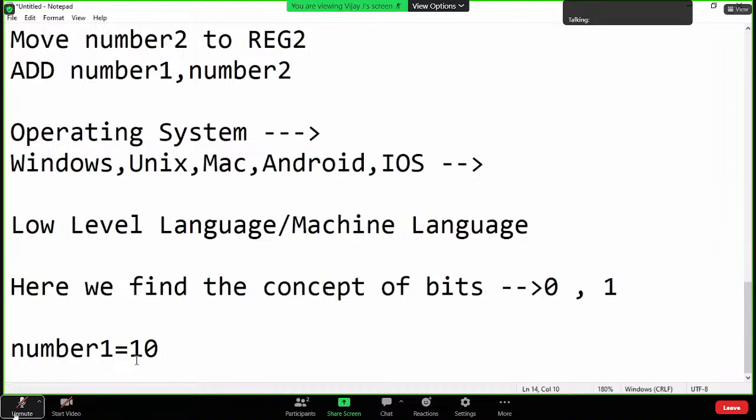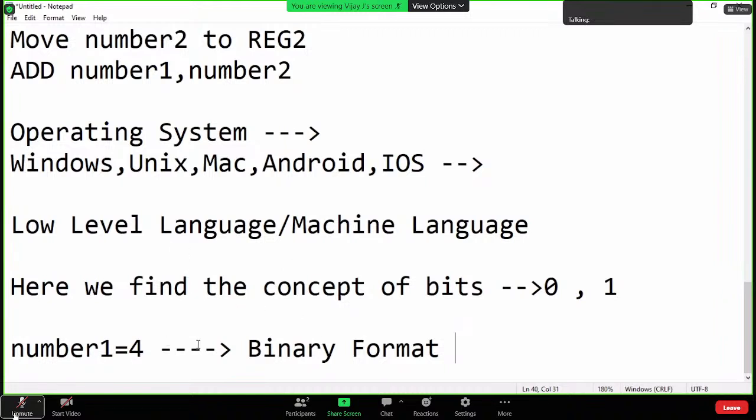When coming to low level language, this data is converted into binary format. Binary format is a format understood by your operating system. For example, in my machine we have Windows. Windows is telling: I can understand only binary format.